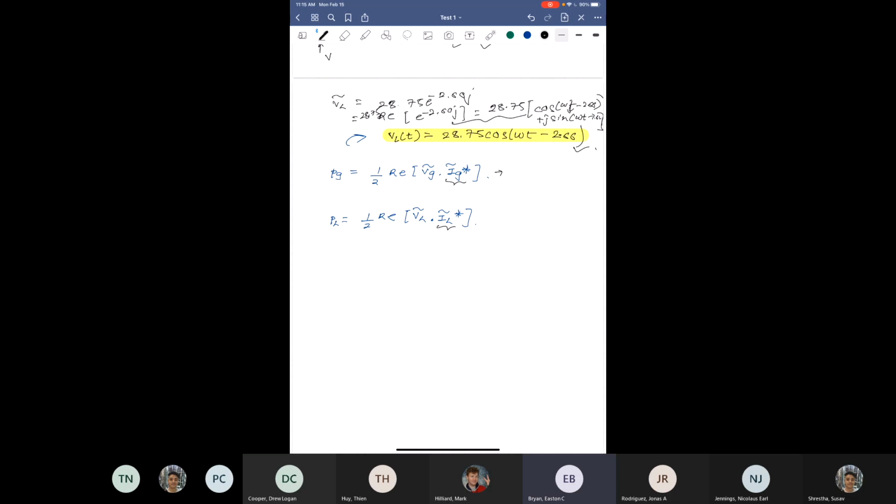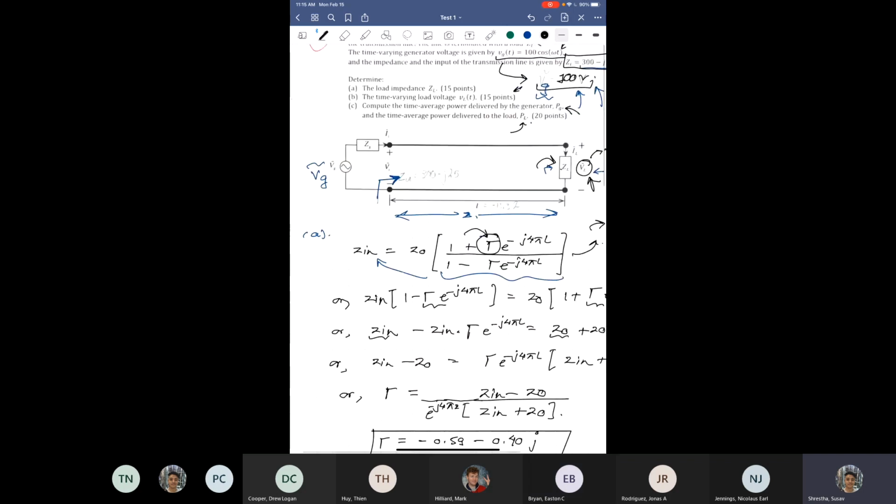Wait, but to get the current, do you use the input current, right? For PG, yes, the current that's drawn from the generator. So basically at this point right here, the I in.